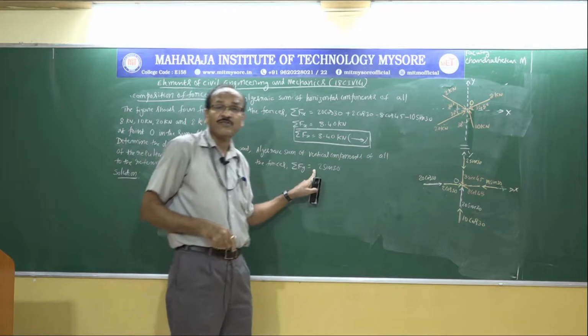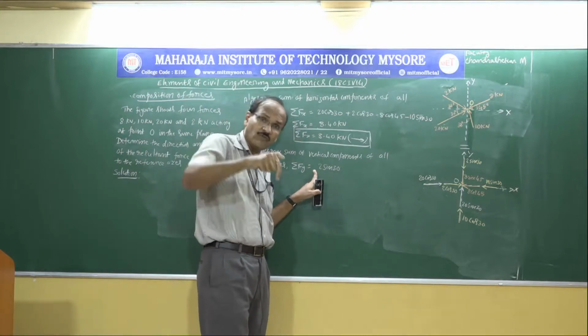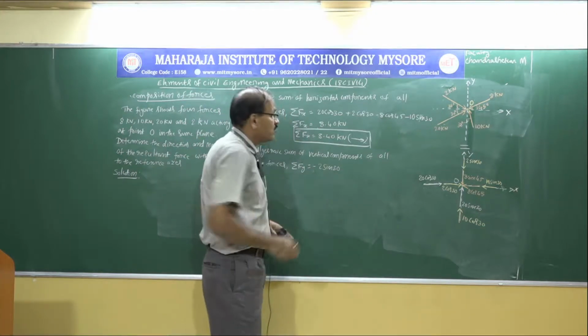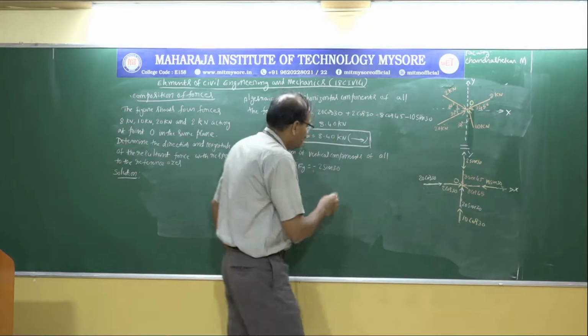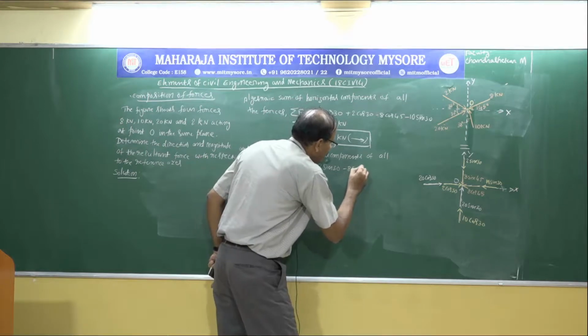This should be negative because that force is acting downwards, that is minus 2 sin 30. Similarly, we have one more force which is acting downwards, that is minus 8 sin 45.